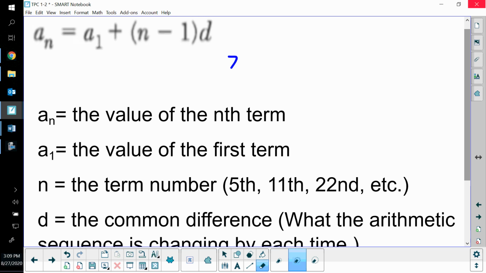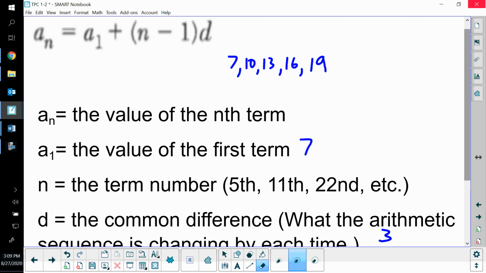So let's say we had 7, 10, 13, 16, 19. In this sequence, the first term, a1, would be 7. d, the common difference, would be positive 3 because we're adding 3 each time.